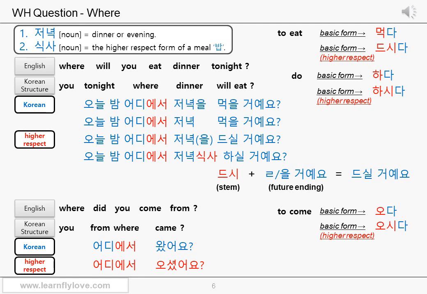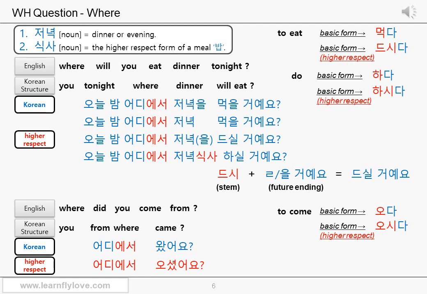That's it. Anyway, let's position the words. The useless subject you comes first, and then time-related word tonight comes right after it. The verb part with the auxiliary verb will comes at the end of the sentence. The object of the verb dinner comes right before the verb part. Then where should we put where? It's about the place.